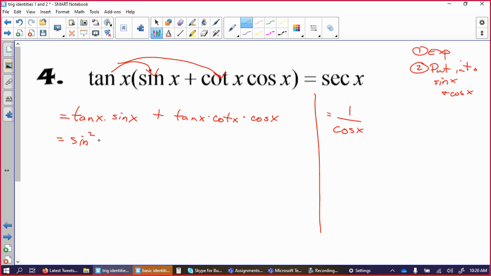Sine of x over cos of x times sine of x, plus sine of x over cos of x times cos of x over sine of x times cos x. So there's my next step.